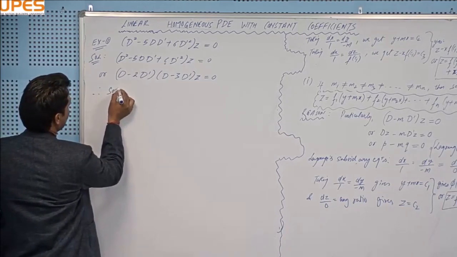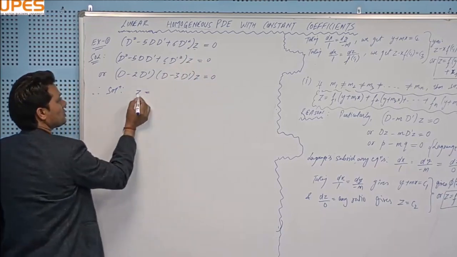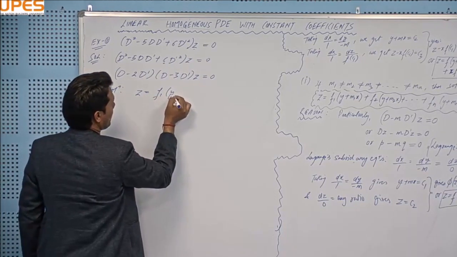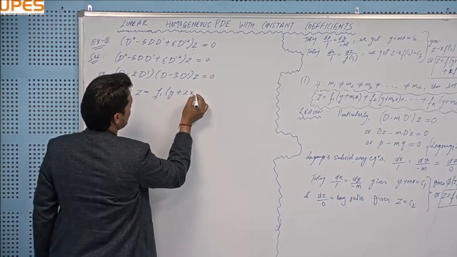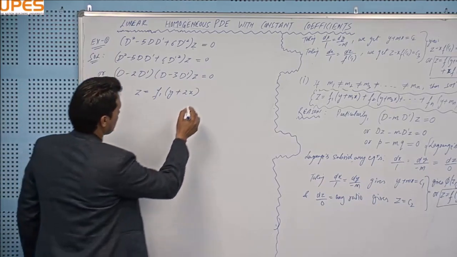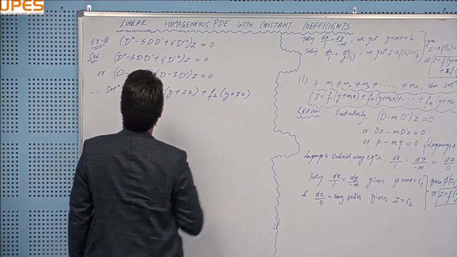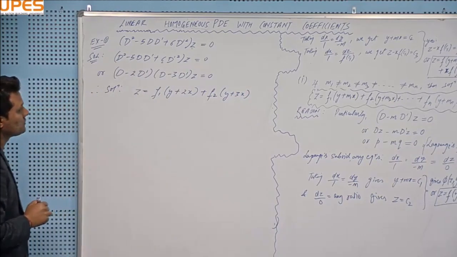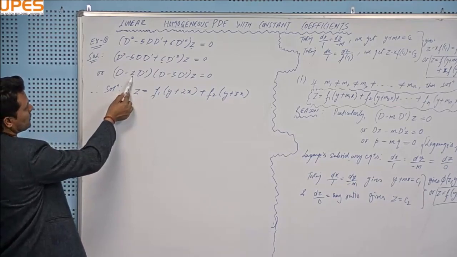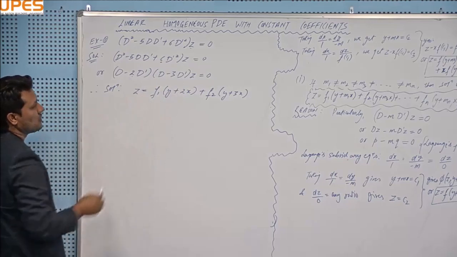Therefore the solution will be of the form z equal to, note that z is the dependent variable so on the left hand side you should write z, f1(y plus 2x) plus f2(y plus 3x). Notice that the sign of the root gets reversed here. If this is minus, then here it will become plus, or plus becomes minus.